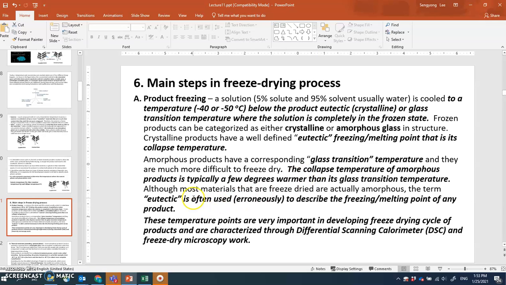Eutectic is often used to describe the freezing and melting points of any product. So again, these temperature points are very important in developing the freeze drying cycle of the product, and are characterized through instruments called DSC, which stands for differential scanning calorimeter, and freeze drying microscopy. There are two important pieces of instrumentation that you need to use when you develop the freeze drying process. Okay, DSC and the freeze drying microscope.